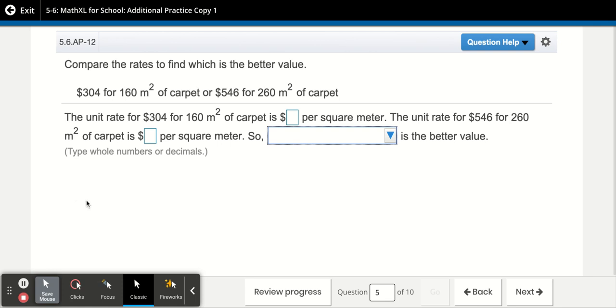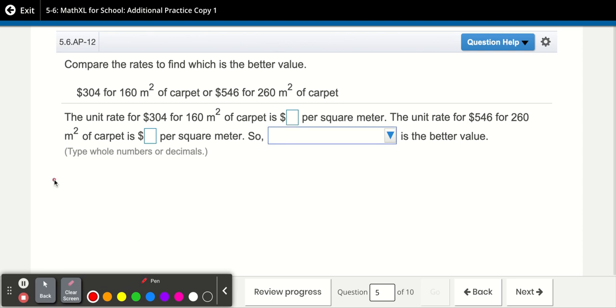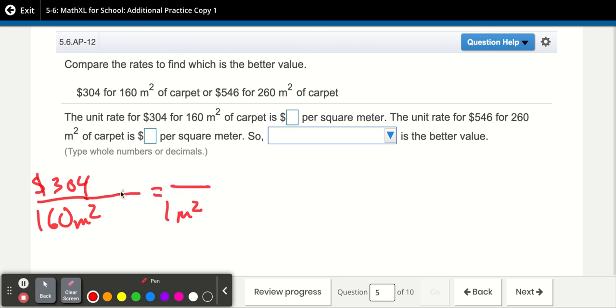By this time, some of you might be saying, hey, instead of writing that fraction, well, let's move through this, and then I'll explain. We've got $304 for 160 square meters. We want to know per 1 square meter, what's the cost?